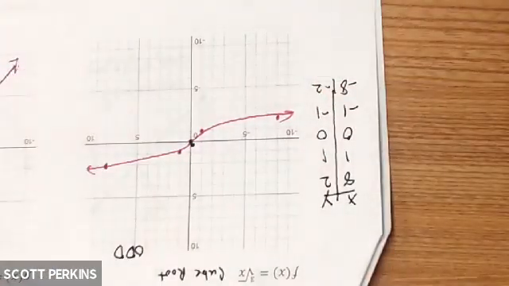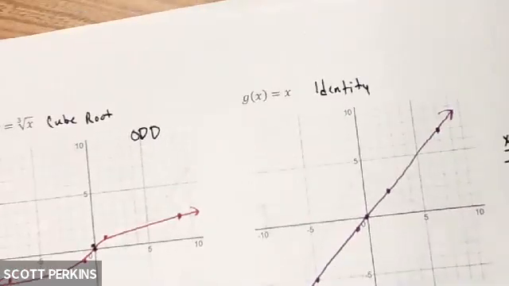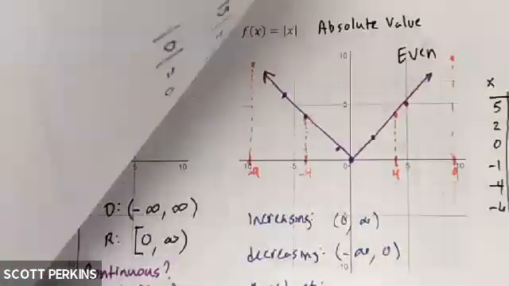Is that the same graph that I started with? Does it look the same? Yes, it's the same exact shape. So of our 6 basic functions, there are 2 more that are odd. There are 2 more that if you spin along the origin, you'll get the same thing. So real quick, see if you can identify which 2, write down the letter O or the word odd next to them, and then we'll compare notes in just a second.